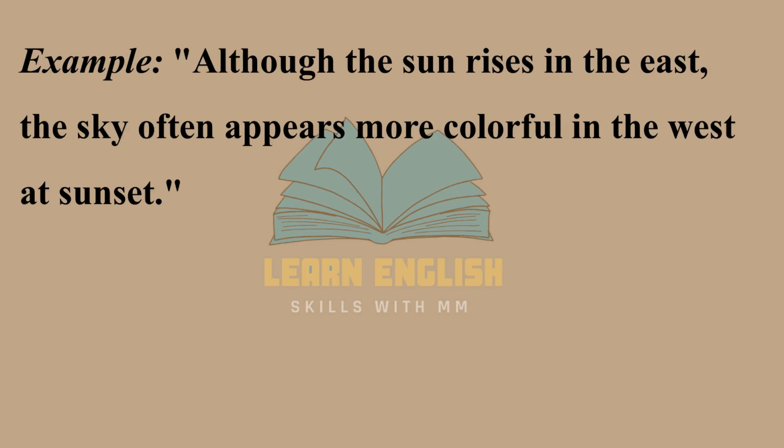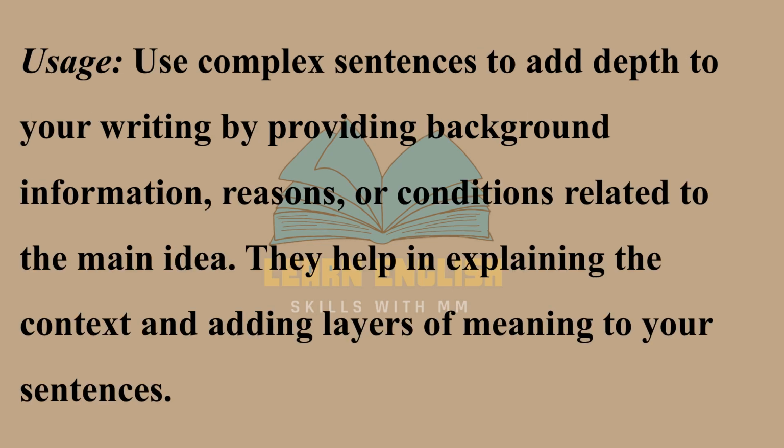Example: although the sun rises in the east, the sky often appears more colorful in the west at sunset. Usage: use complex sentences to add depth to your writing by providing background information, reasons, or conditions related to the main idea. They help in explaining the context and adding layers of meaning to your sentences.